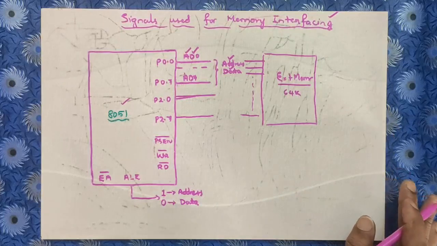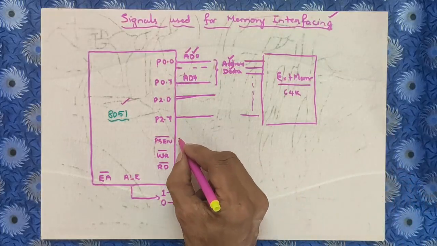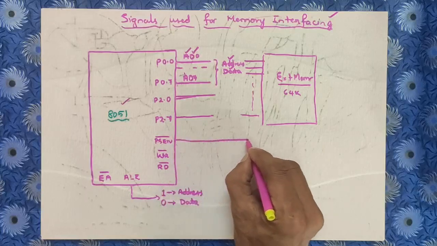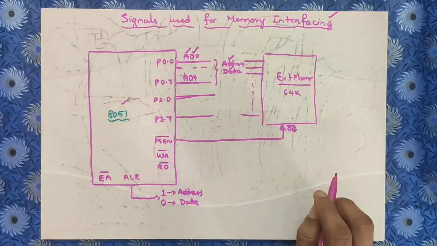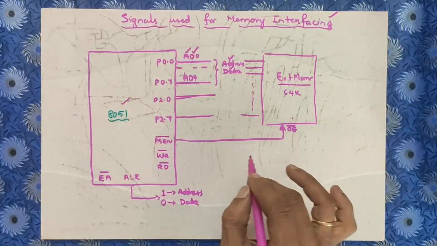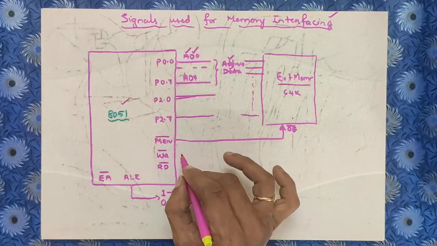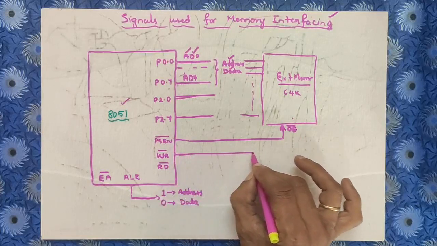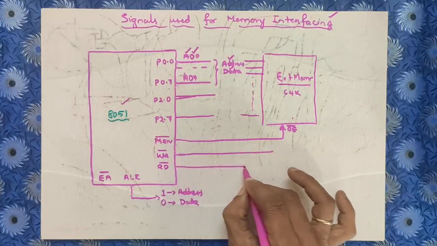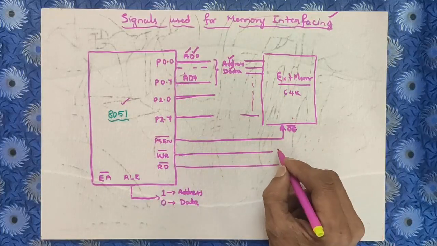Now, what about PSEN? This is Program Store Enable. This PSEN will go to the OE bar of the external memory. Similarly, if you are using random access memory or RAM, in that case you use write bar and read bar. Generally, write bar is for writing.